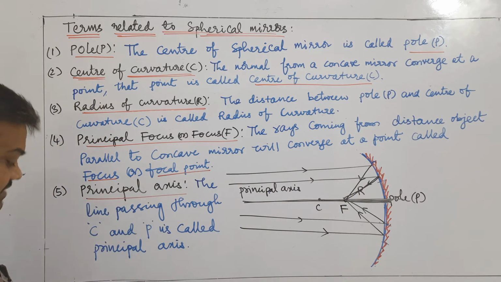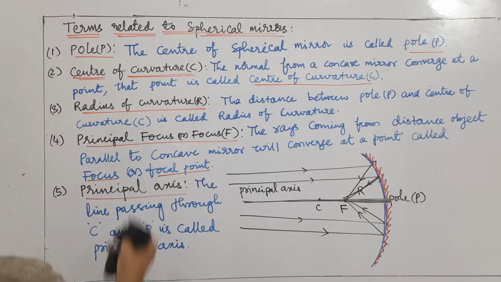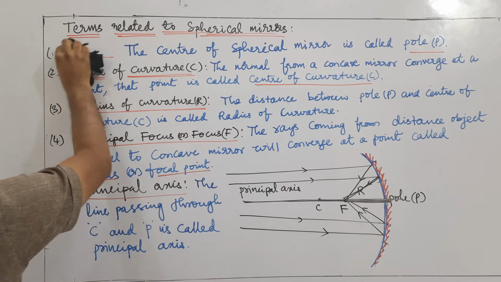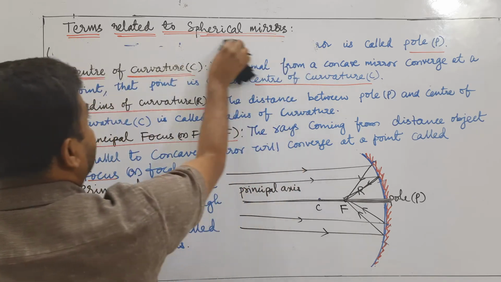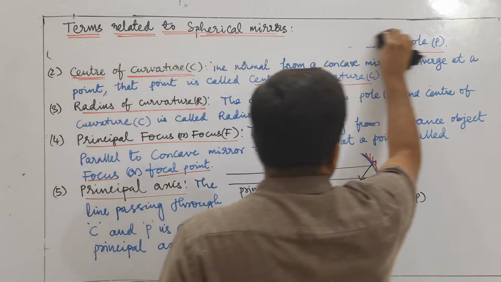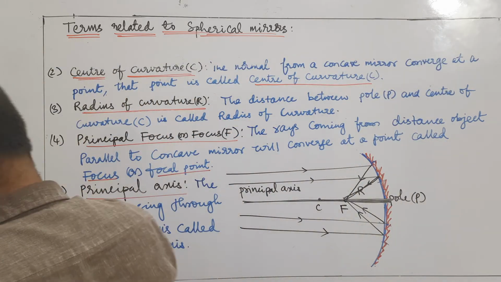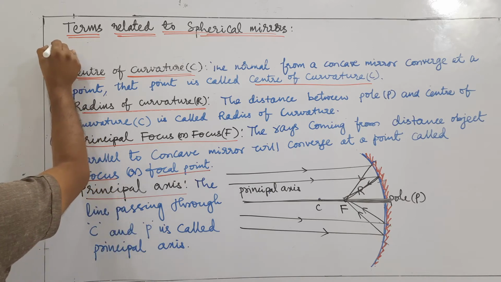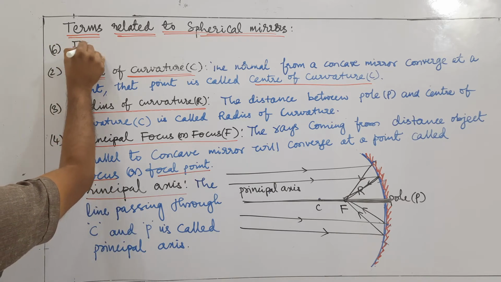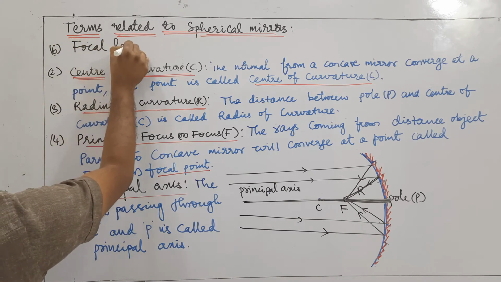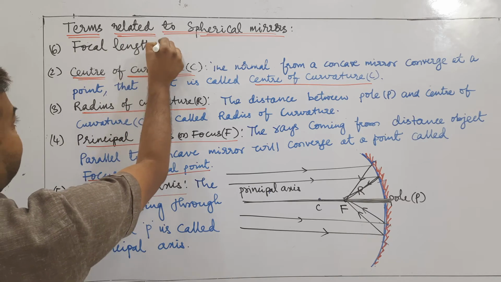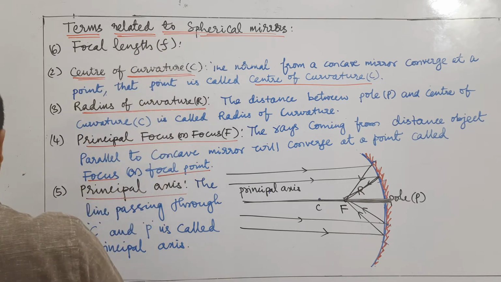One more definition, and the last definition here is focal length. What is a focal length? How do we define the focal length? Focal length can be represented with the small letter f.